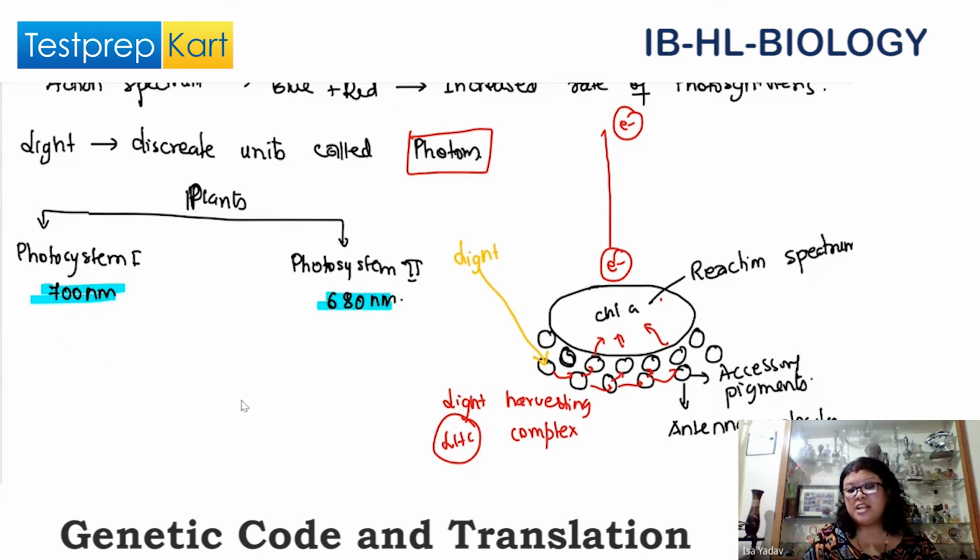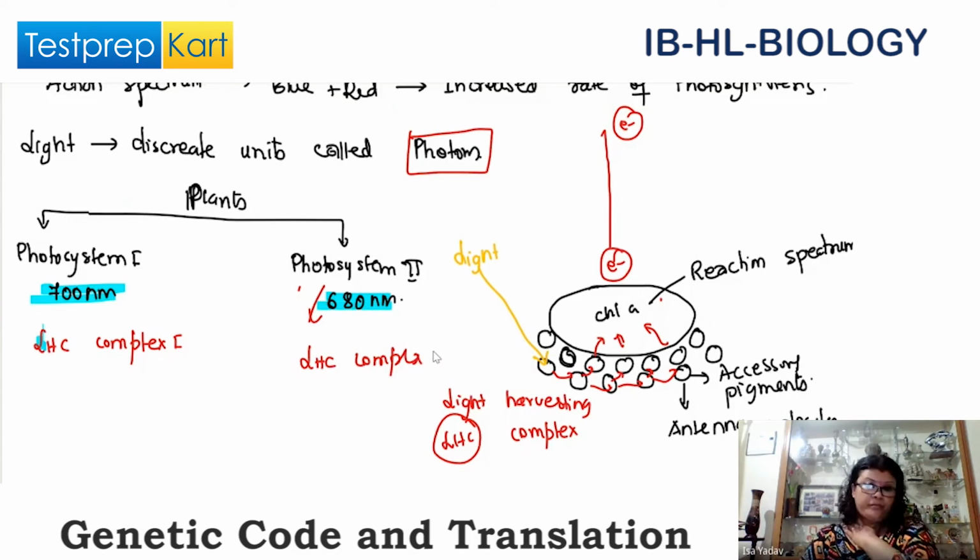The light harvesting complex, which I just explained, of photosystem 1 at 700 is called LHC complex 1, and the one of photosystem 2 operating at 680 nanometer is called LHC complex 2.